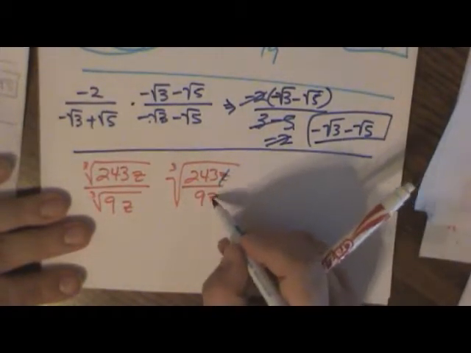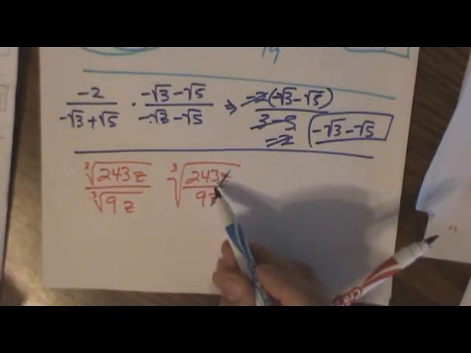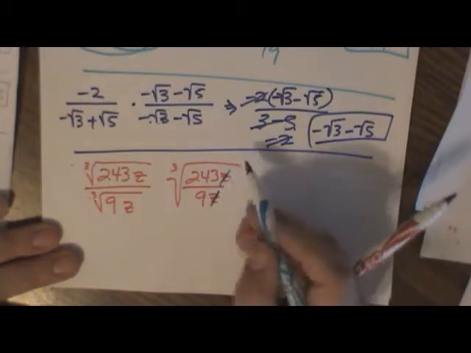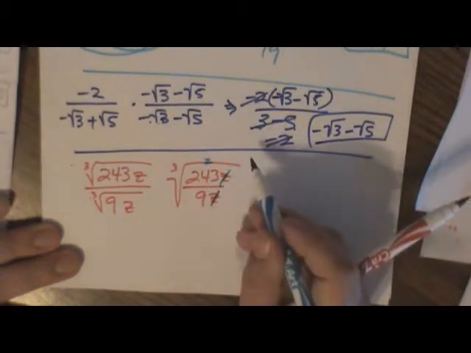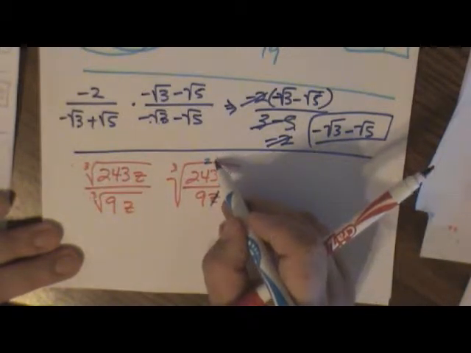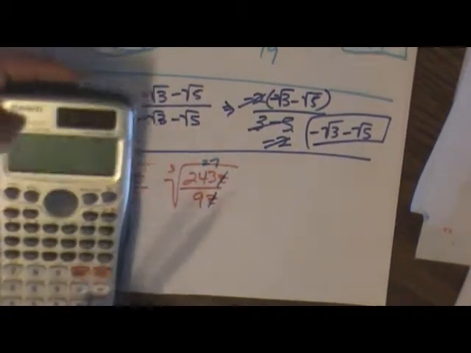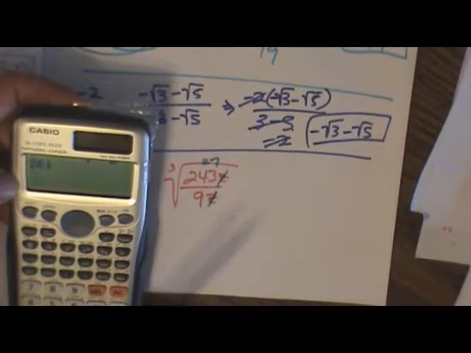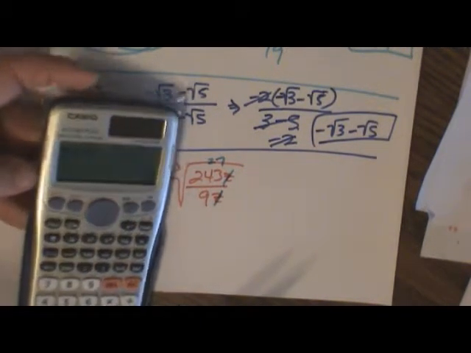And we could. These will cancel. And will 9 go into 243? Yes, it will. It's 27. 243 divided by 9 is, in fact, 27.